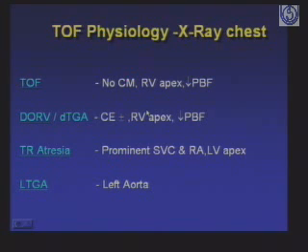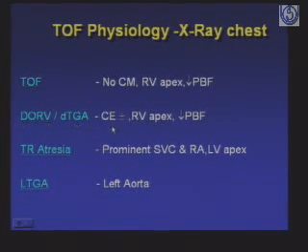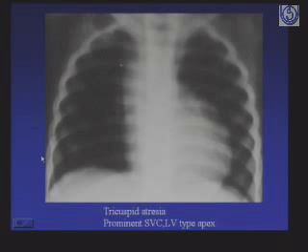On X-ray we can narrow down our diagnosis with DORV or DTGA. Usually there is mild cardiomegaly. RV type of apex will be there with pulmonary blood flow low, but usually it is more than the tetralogy of Fallot. Then tricuspid atresia. With tricuspid atresia, the important thing is the LV type of apex plus prominence of the superior vena cava, as the RA pressure has to be higher than the LA pressure in tricuspid atresia.